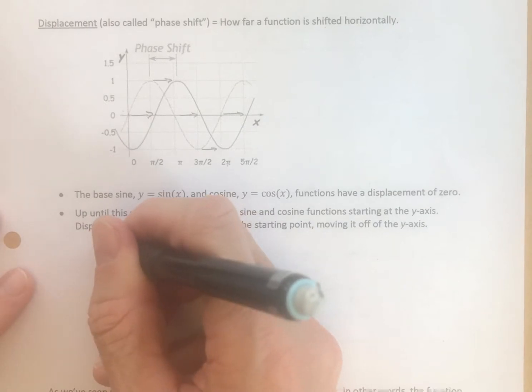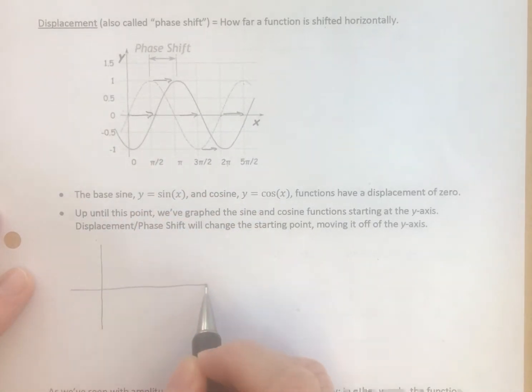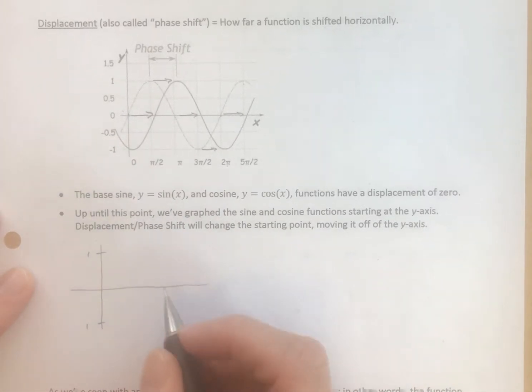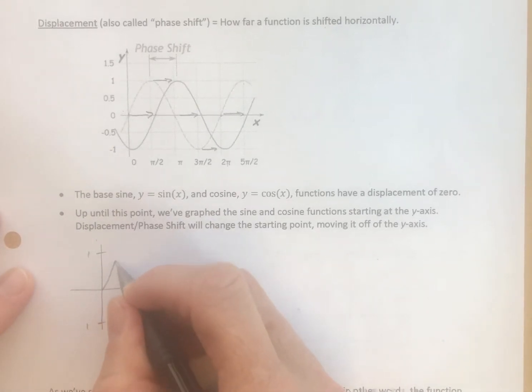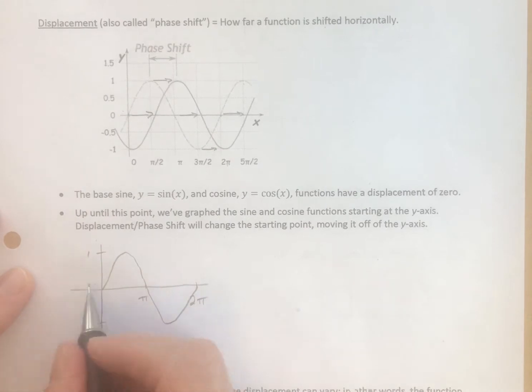Okay, let's take a look at our base function and how we come up with the phase shift. So here, from 1 to -1, and we'll go out to 2 pi, which means that's pi. So here's a rapid sketch of the sine function.